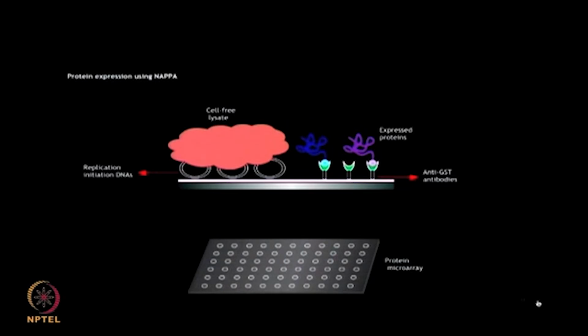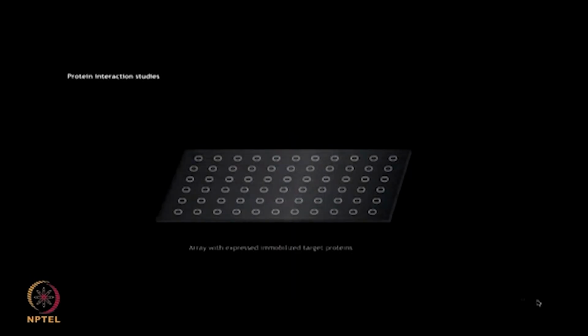The expressed proteins bound to the anti-GST antibodies, which are the capture antibodies present on the array surface.